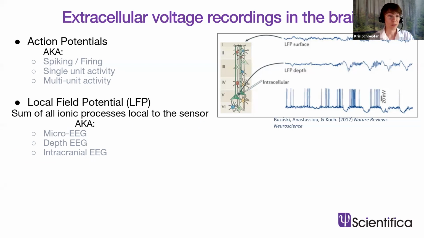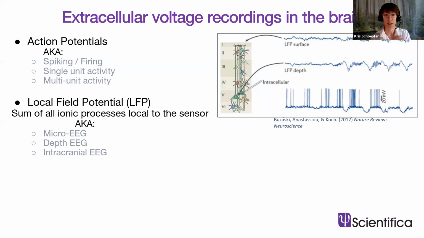So there are a few different types of extracellular activity that one can record in vivo. One, of course, being action potentials. We know them, we love them. In the literature, you may also find this referred to as spiking activity or firing or single unit activity, a unit being a single neuron.